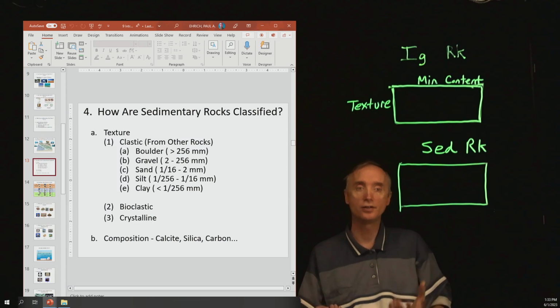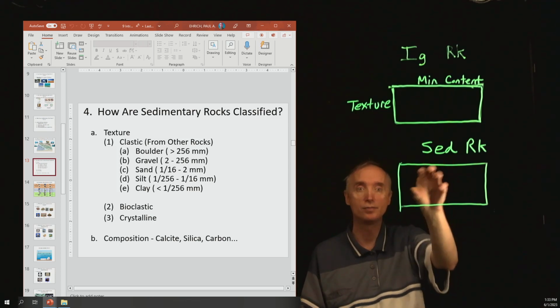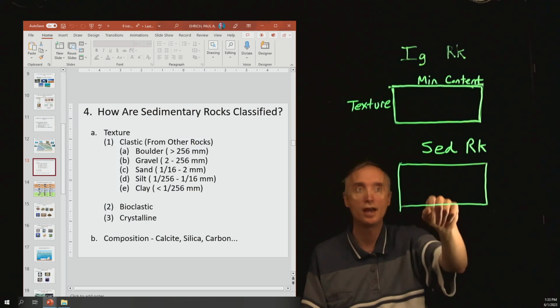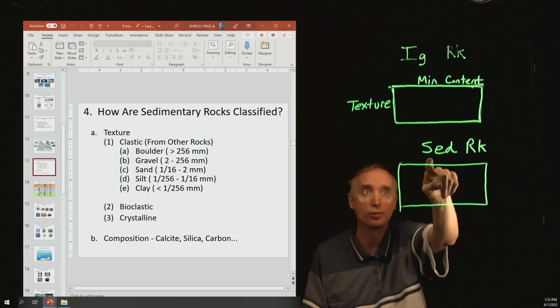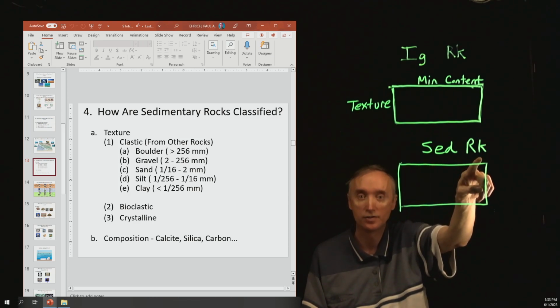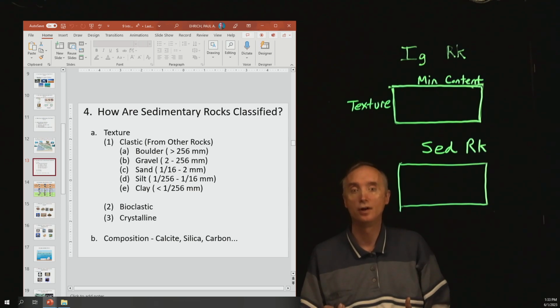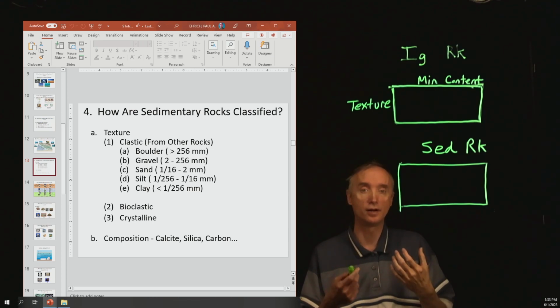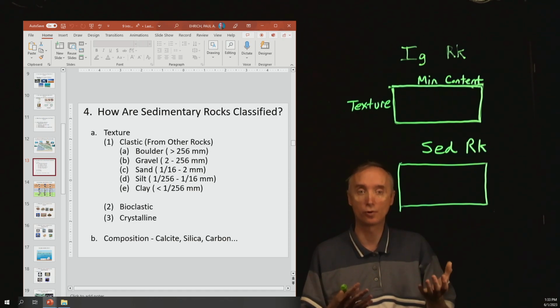So we're really going to do the same thing for sedimentary rock. We're going to have what is the sedimentary rock composed of. It could be composed of calcite, or quartz, silica, or it could even be composed of organic materials like carbon.